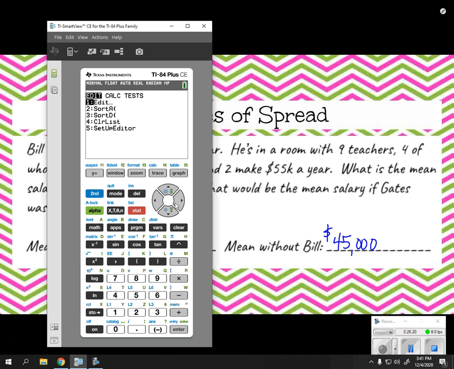Stat, right, 1. Okay, so 45, look at that, the median is the same. So the median is a good indicator of the center of the data instead of the mean, because the mean is easily swayed by outliers.